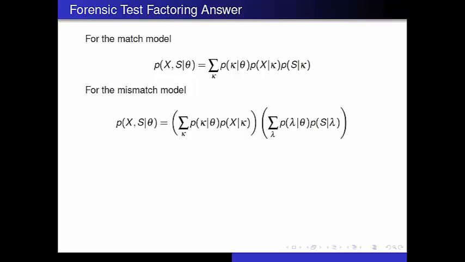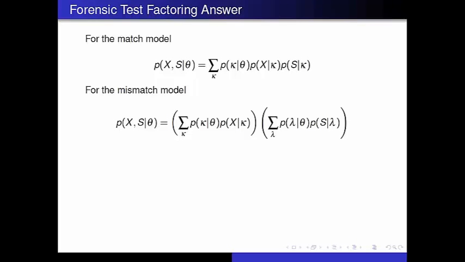So the clear possibility here is to factor the terms that have lambda but not kappa outside of the summation for kappa, and conversely, we can factor the terms that have kappa but not lambda outside of the summation over lambda.